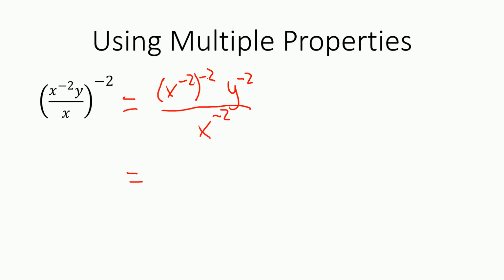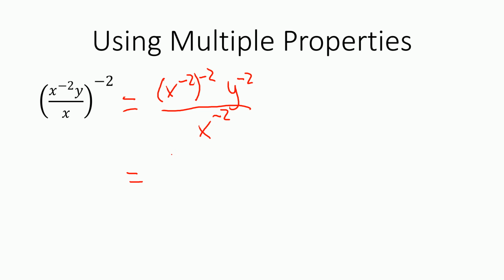And then, and I skipped a property here, but from the last example you remember that when I have multiple things on top, I just do the power of a product property as well. So I did power of a quotient and power of a product property to get both parts of the top their own exponents, because I have to do both top and bottom for the quotient property, and then both parts of the top for the power of a product property. And then I use a power of a power here.